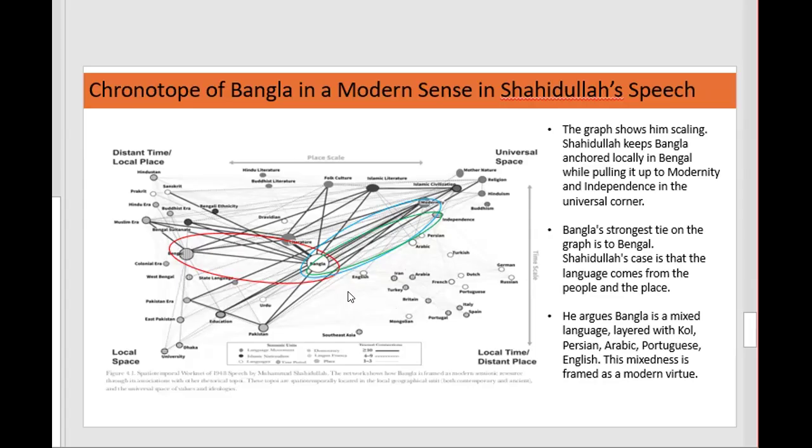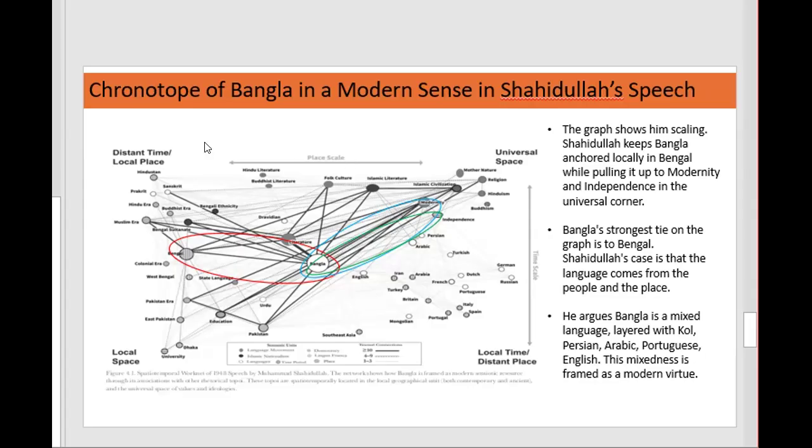So that allowed me to create a visualization that counted how many times these concepts co-occurred in a given utterance. It might be positive, it might be negative, but it showed that when people talk about this, it co-occurs with this. And that allowed me to create this network graph.